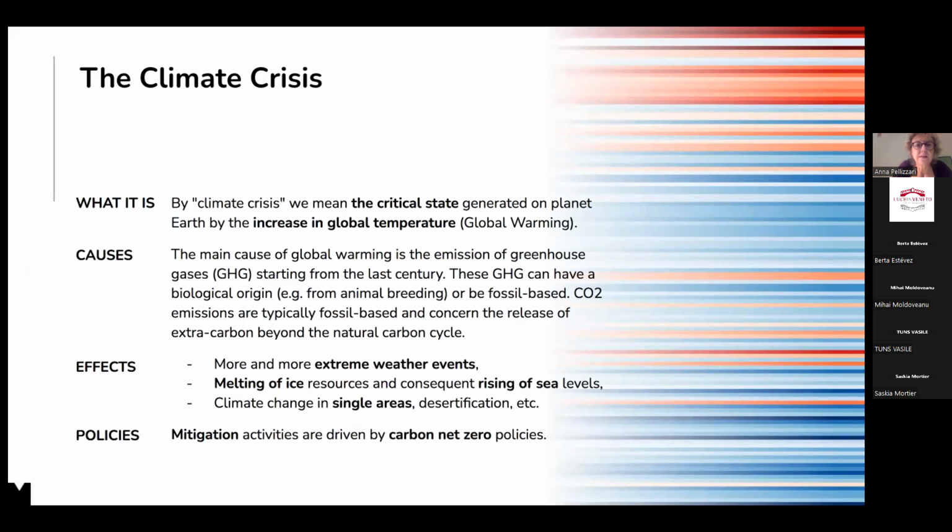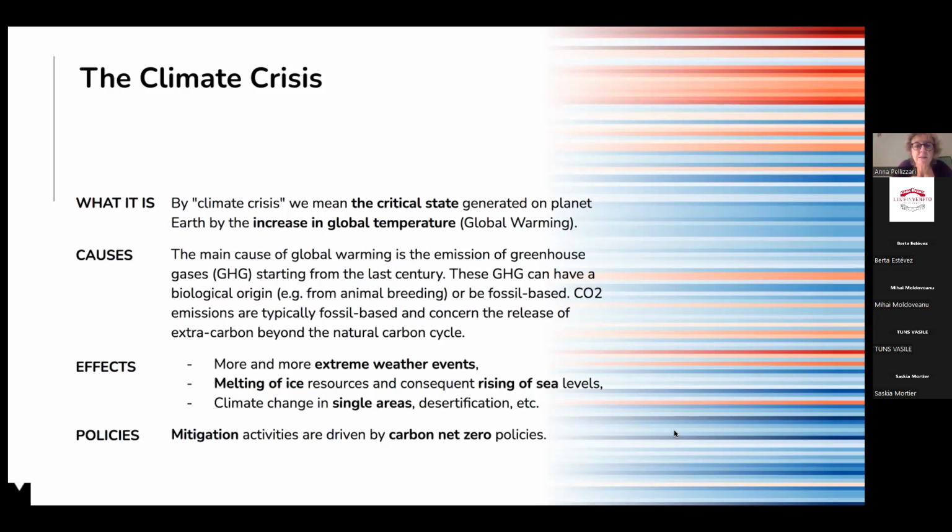And clearly, the main cause of global warming is the emission of greenhouse gases, which started in the last century. And there is, of course, a general consensus about this.